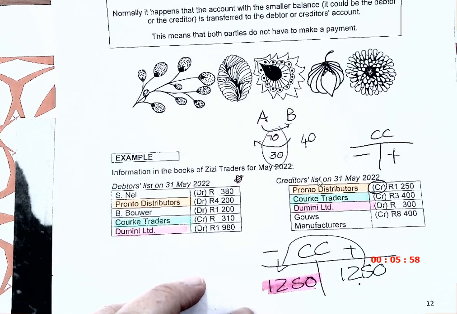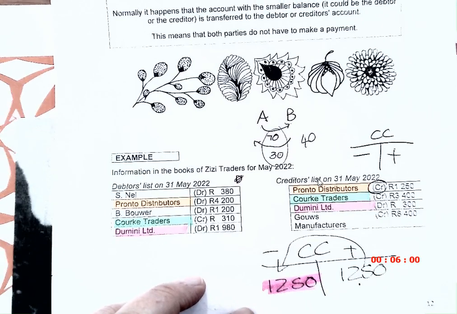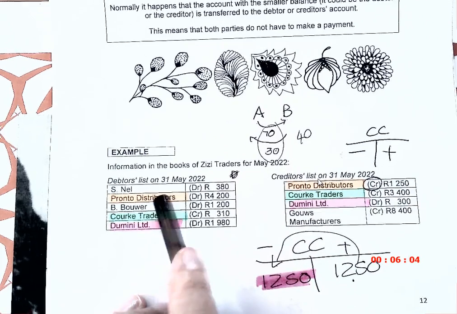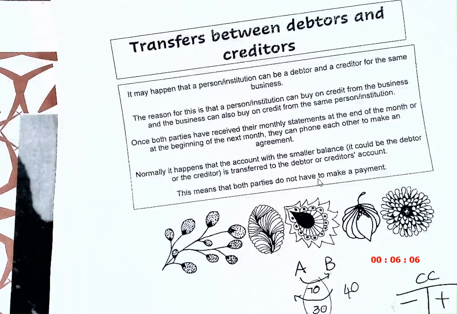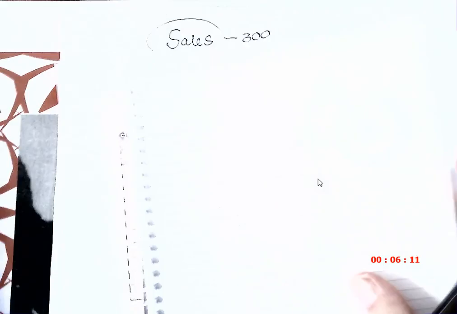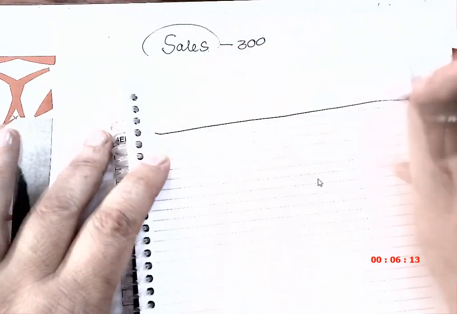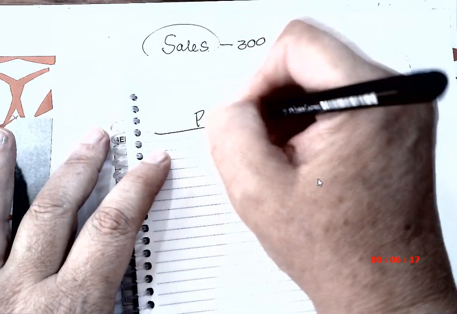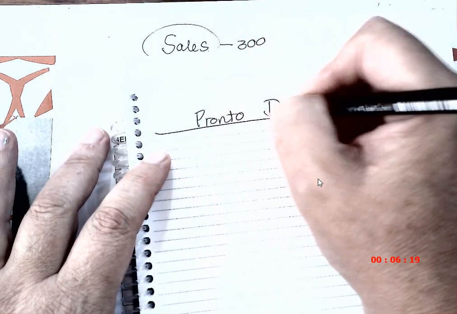Can you see that? Because I'm going to take that 1,250. Let me do it different. I'm going to do it like this. And everybody's going to understand it then. I'm going to do it for you as a debtor's ledger. So here's Pronto in the debtor's ledger.